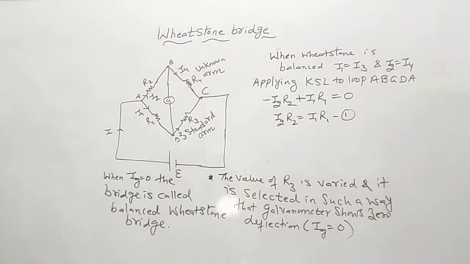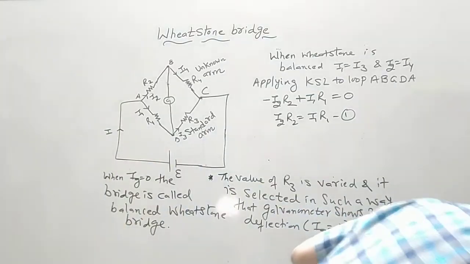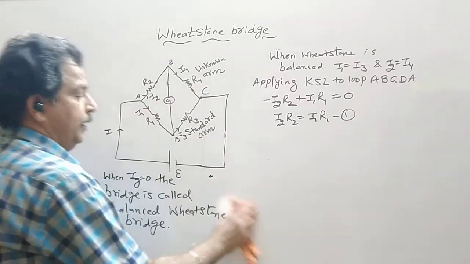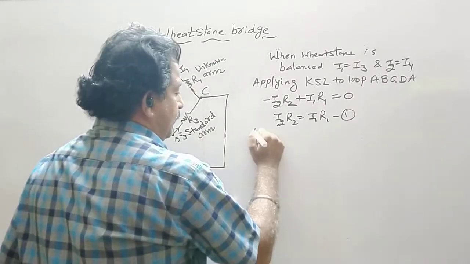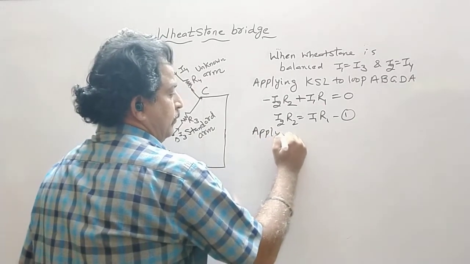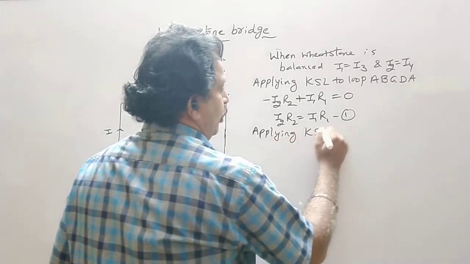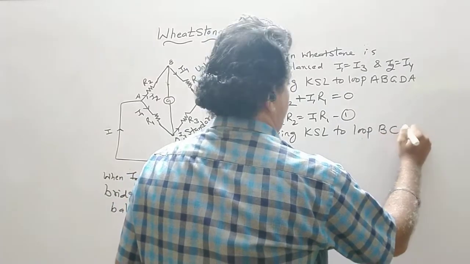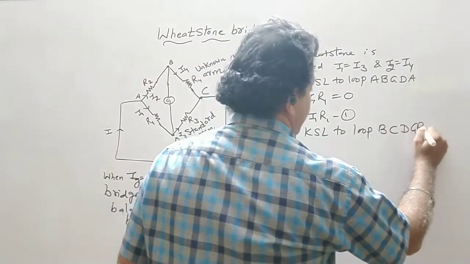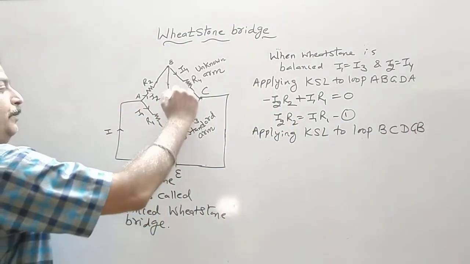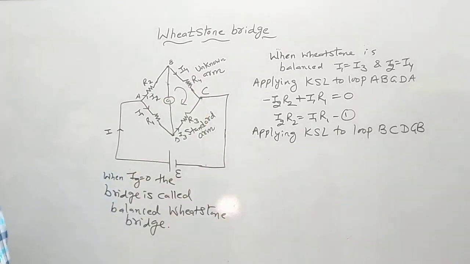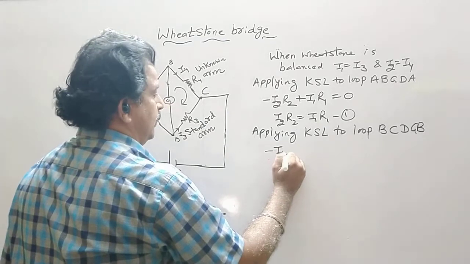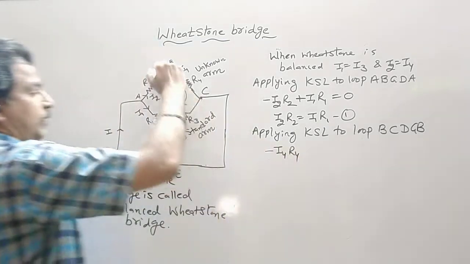Now again apply Kirchhoff's second law to another loop, loop B, C, D, G, B. That is this loop. Moving in the direction of the current, minus I4 R4.